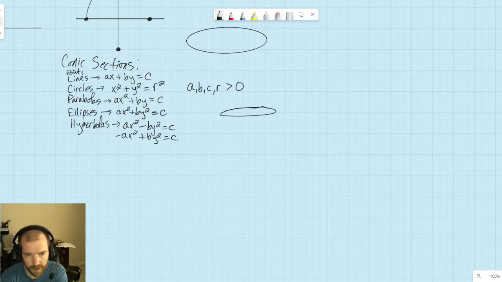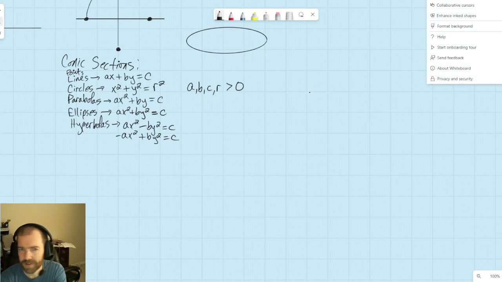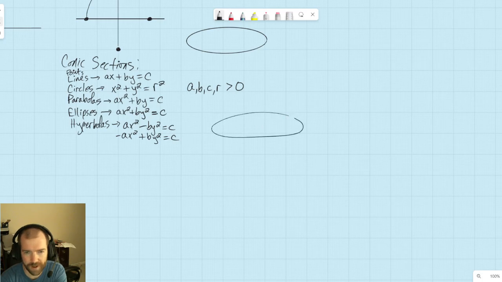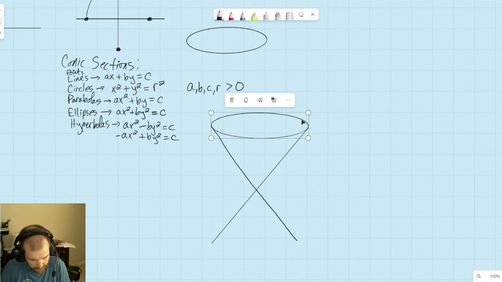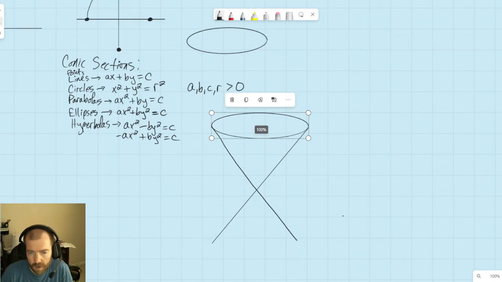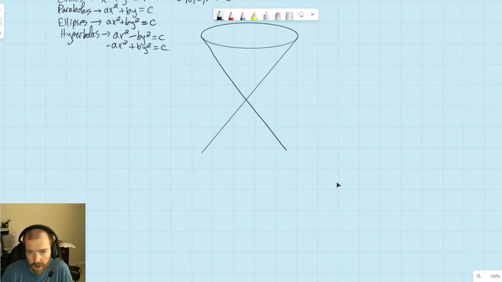Really? Man. Alright, fine. Let's go back to enhance ink shape or whatever. There. So if you were to take a piece of clay and you were to mold a perfect cone out of it.